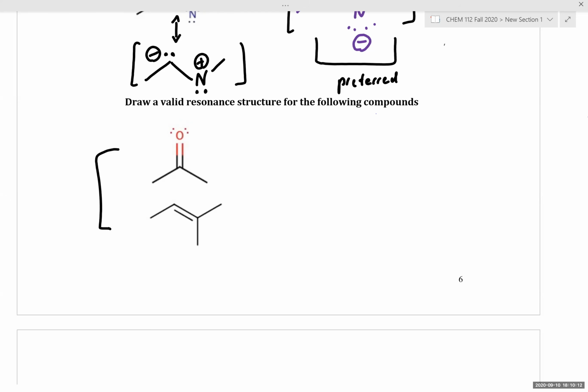Make sure to use the annotate tool to share your proposed responses onto our shared course whiteboard, and I'd be happy to provide feedback. So let's focus on drawing at least one valid resonance structure for each of the two molecules and try to abide as closely as possible to our rules for preferred resonance structures.